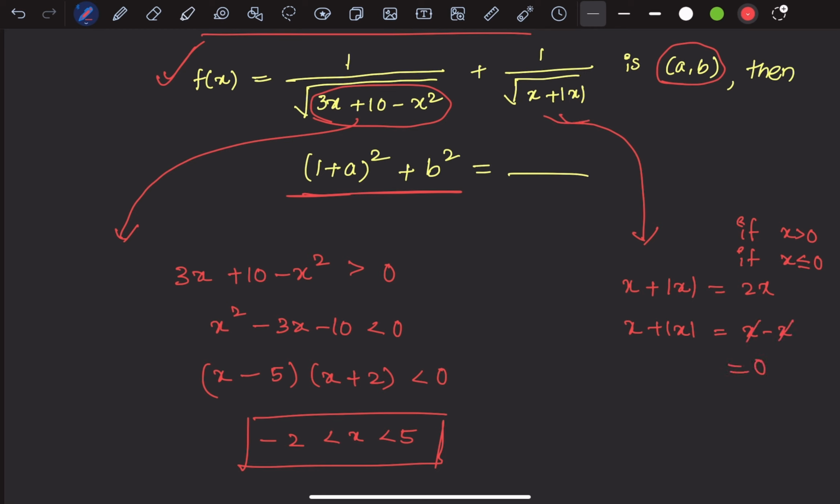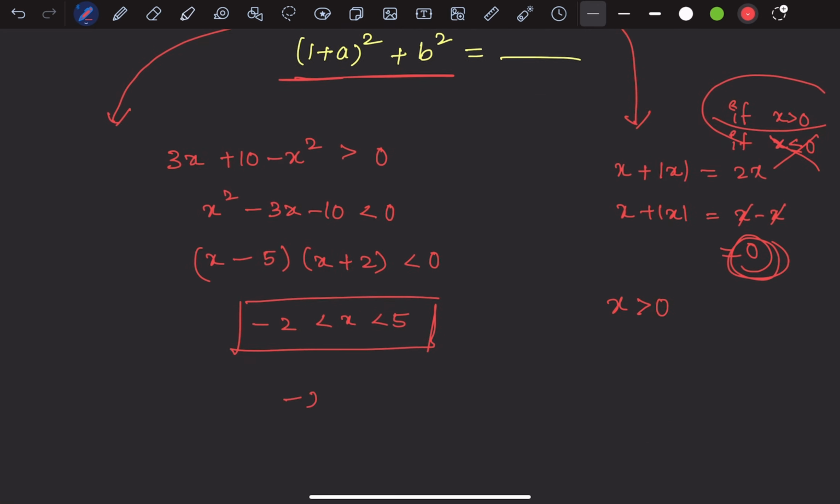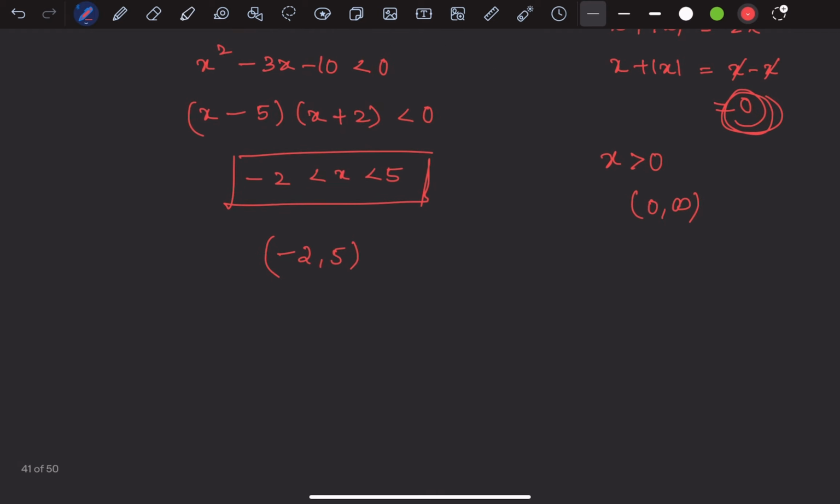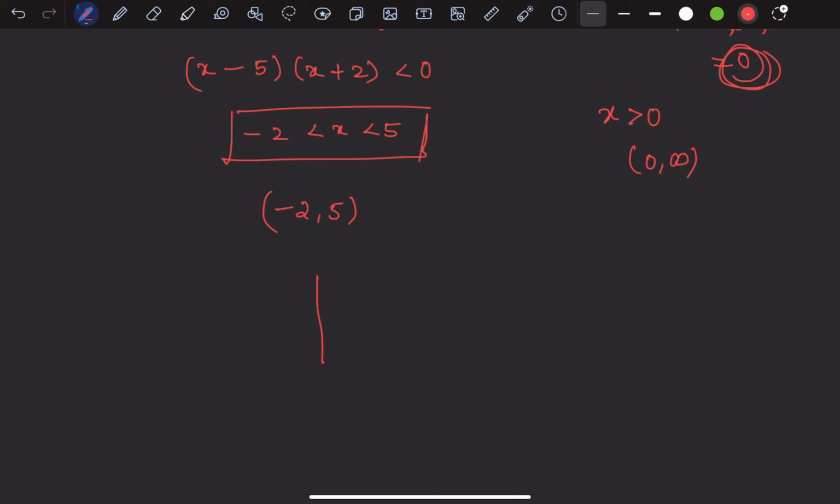But it is in the denominator, so 0 should not be the permissible value. Therefore x should not be less than or equal to 0. So x only has to be greater than 0. So in this case we have this as a domain, and for this case we have 0 to infinity as the domain. So we have to take the intersection of that.